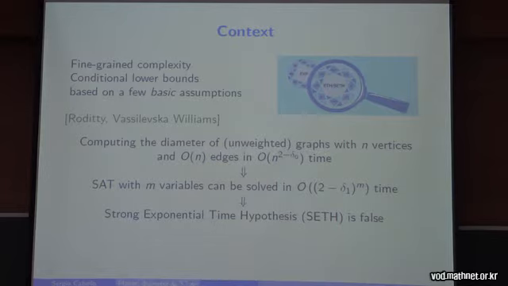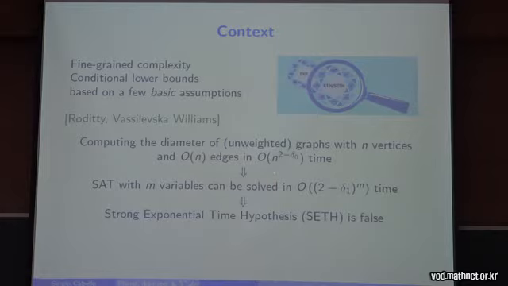So the result that is interesting for us is the following. Roditty and Vassilevska Williams proved that computing the diameter of a graph with n vertices and a linear number of edges, so it's a very sparse graph, if we can do this in something that is strictly subquadratic, so in n to the 1.99, let's say, then we could solve satisfiability with m variables in exponential time, but the base here is strictly smaller than 2.